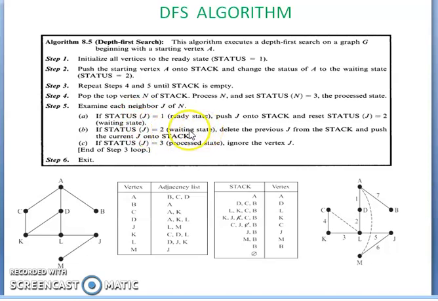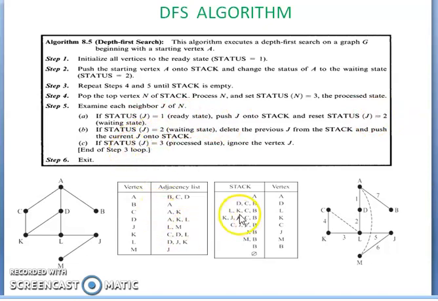Whenever a vertex is newly visited, its status is 1. That means a newly visited vertex, and you reset the status to 2. Reset the status to 2 and come back here.